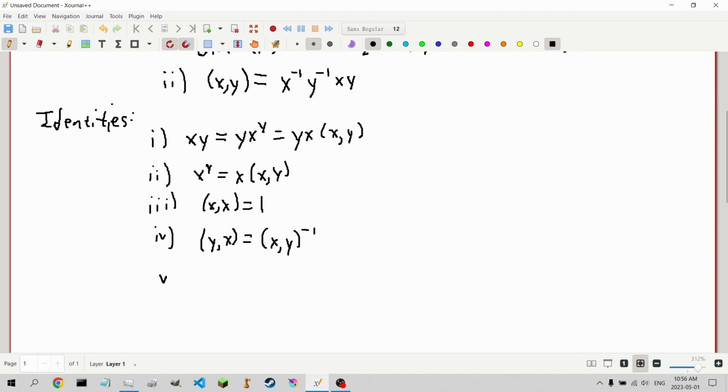Up next, we have that the commutator of x and the product of y and z is equal to the product of the commutator of x and z and x and y to the power z.